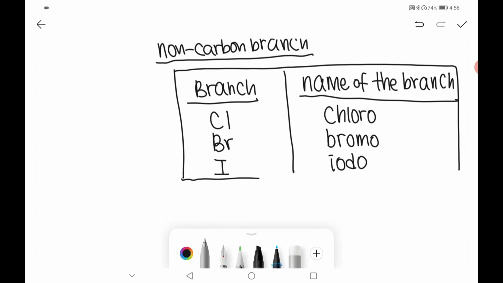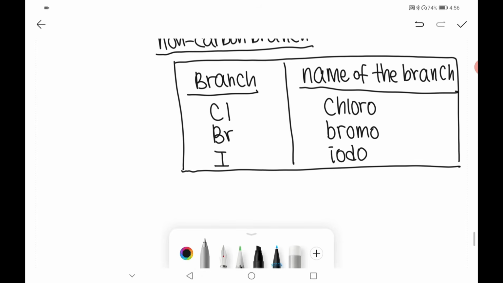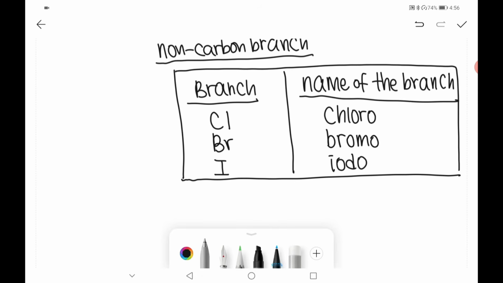Yeah, so I'll show you how it works. Let me show you using two examples, to show you how it works.